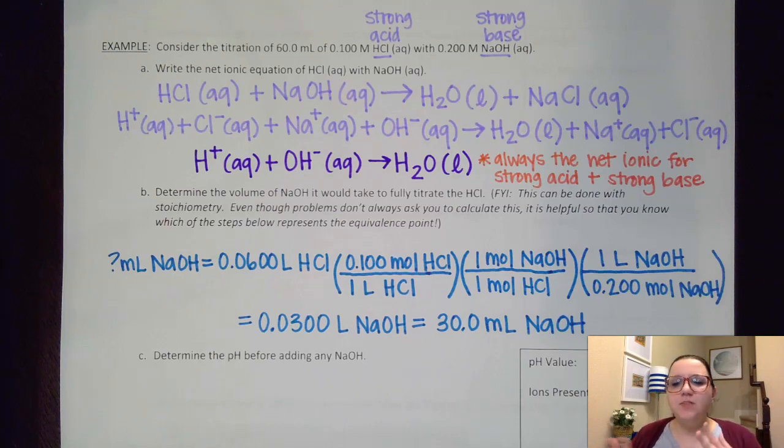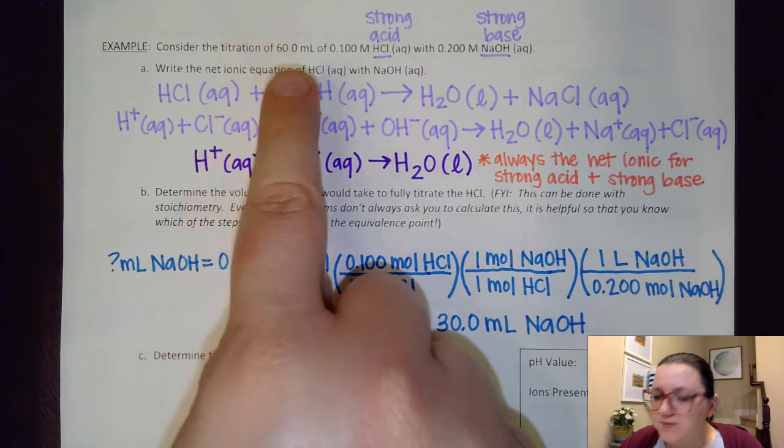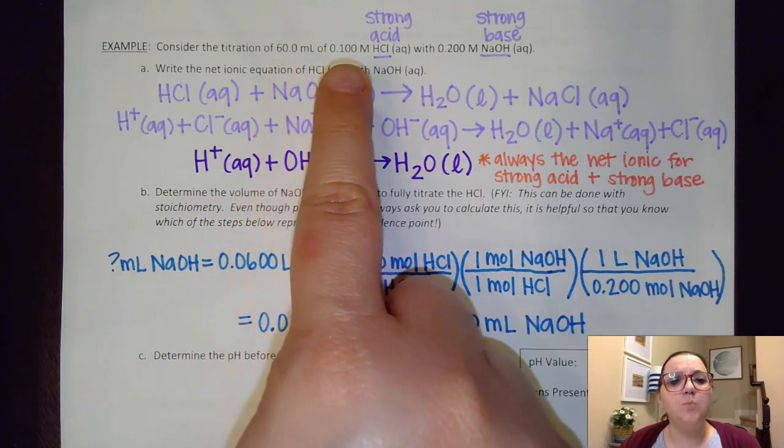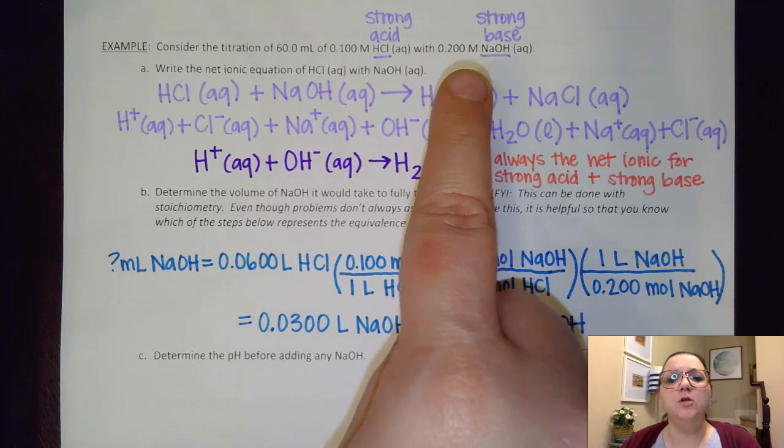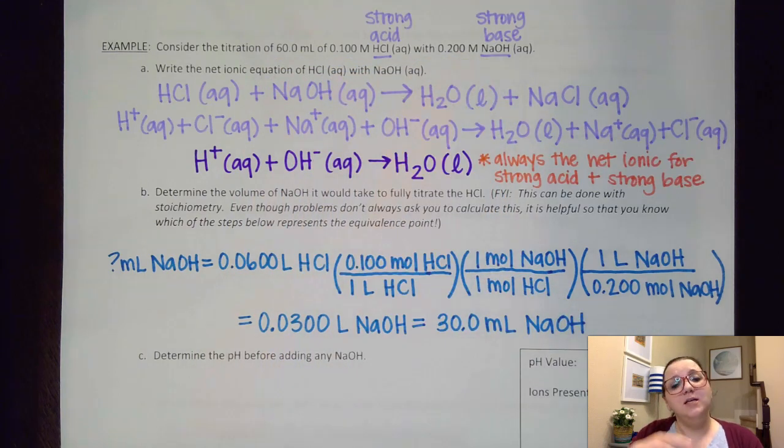Now, this is different than the stoichiometry step that we're going to see here in a little bit within the NDS calculation. This is just asking us to do a regular stoichiometry like we've always done, where we say, hey, if I have 60 milliliters of this 0.1 molar HCl, what volume of this 0.2 molarity NaOH would I need to use in order to figure out where that equivalence point is at?